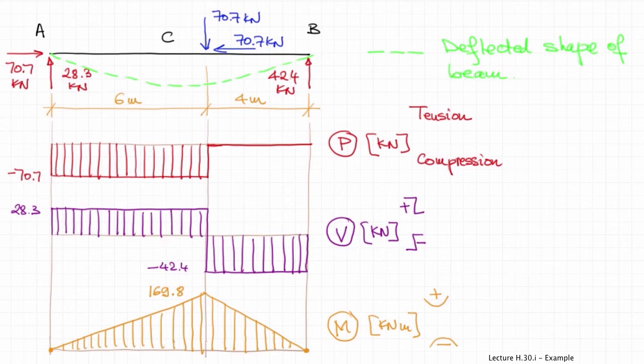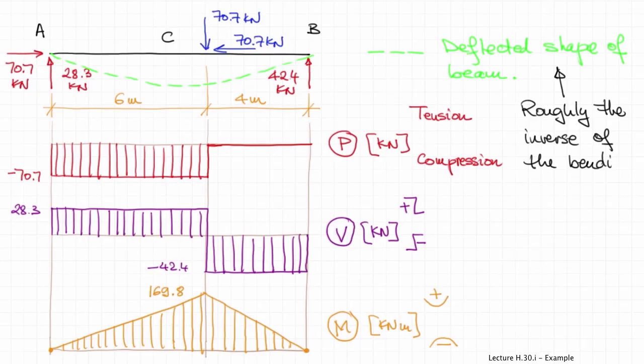So if you look at the beam, points A and B cannot move vertically because of the support, but that force is pushing downwards at C. So the beam would likely deflect as indicated by the green dashed line, which again, if you look, roughly is reflected by the shape of the bending moment diagram, not exactly, very roughly, and of course with a change in sign. So the bending moment diagram is flipped over.